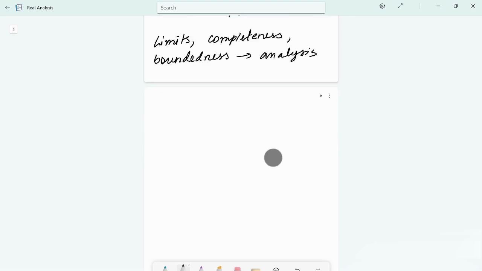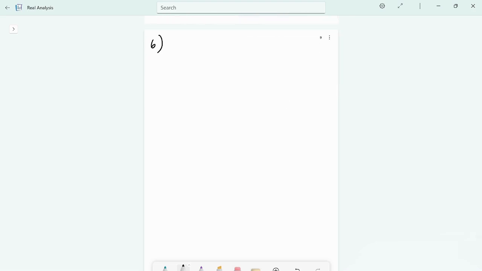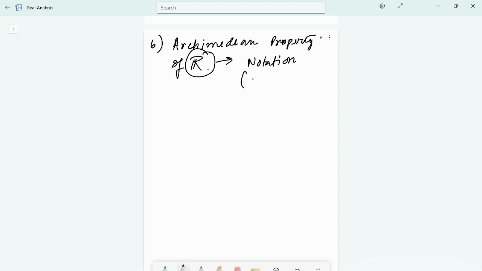Now, the last topic of today's class, which is the Archimedean property of real numbers. What is the definition of it?